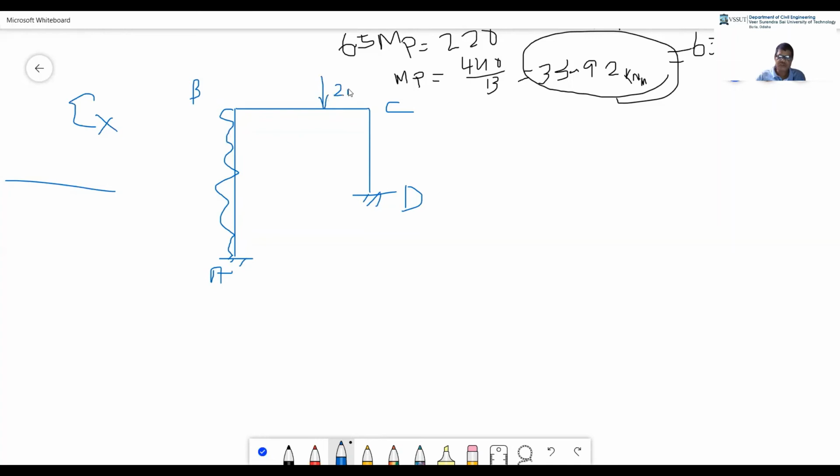So this distance is 2, this is 4, this is 6, and this load is 160 kilonewton. The UDL is 20 kilonewton per meter, and this height is 6 meter. So here to here is 6 meter, and here to here is 4 meter.